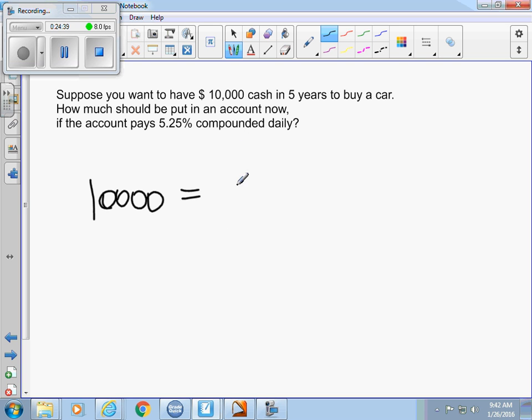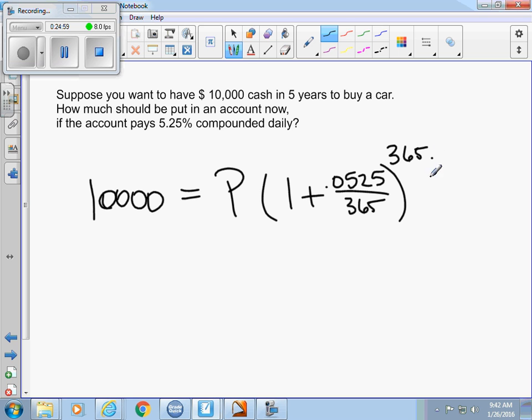How much should you put into an account now if we're going to get 5.25% compounded daily? How many years am I putting it in there? 5. So this time what I don't know is P.